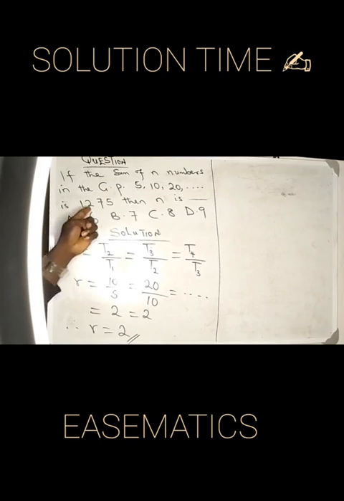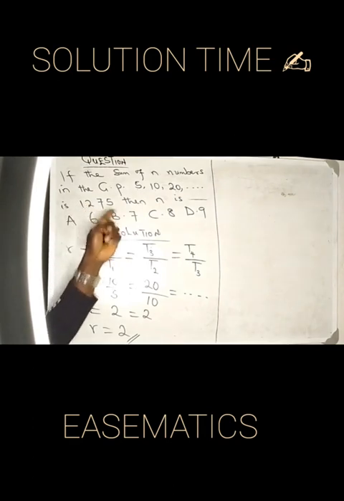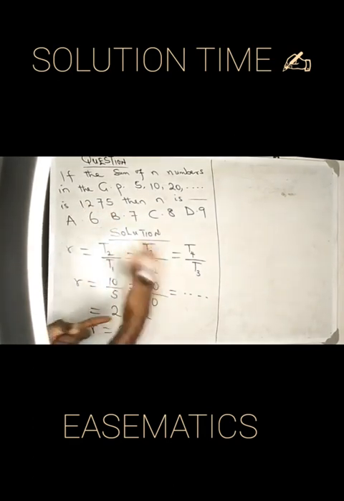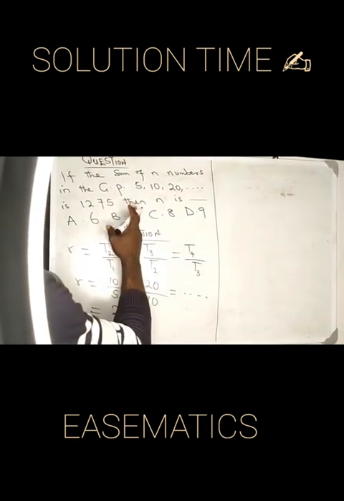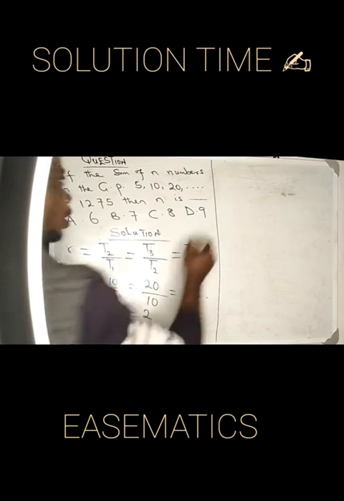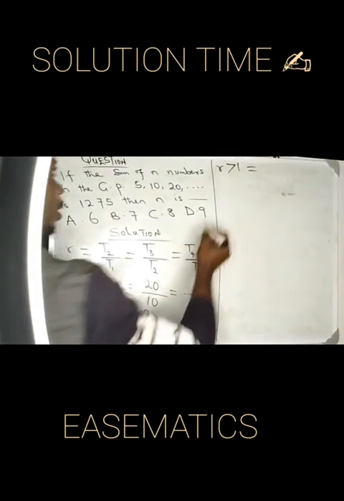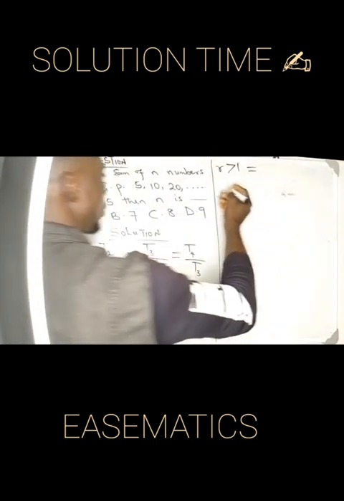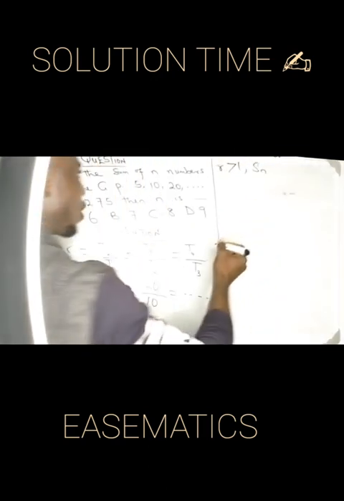We have that the sum of the n numbers in the GP given here is 1275. Now, we have two formulas for the sum of n terms of a GP.